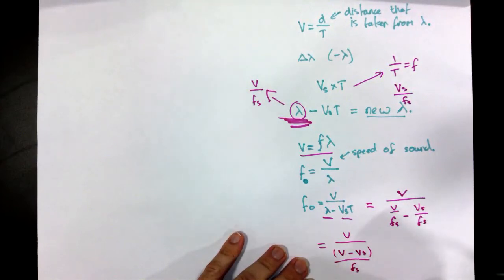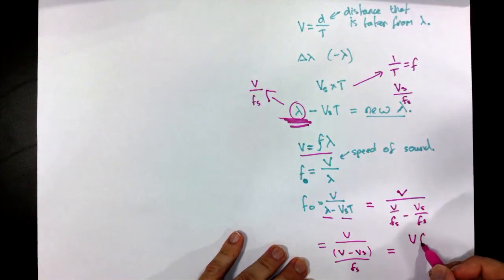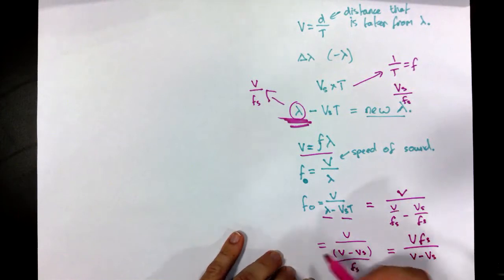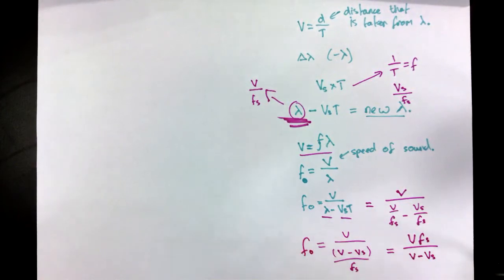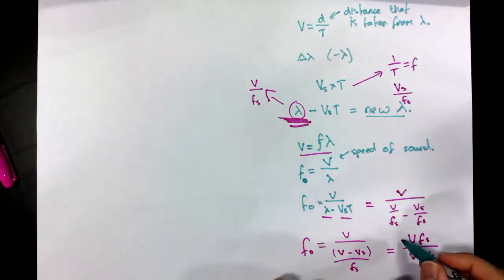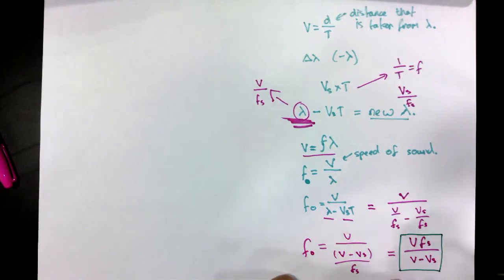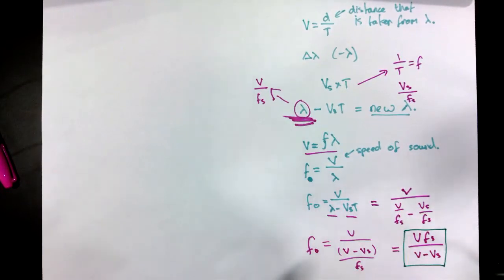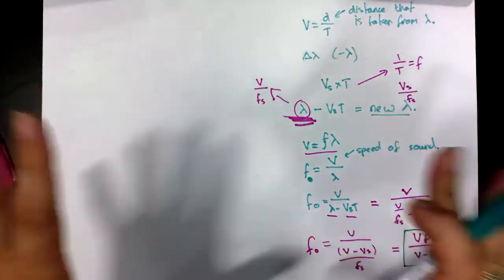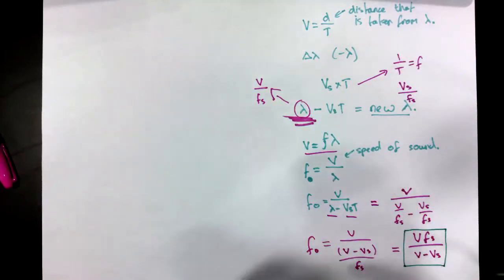Okay, which then you will hopefully see I can rearrange this more to satisfy the mathematicians to be V Fs over V minus Vs. And that equals the observed frequency of the sound that is emitted. So let's put a nice square around that to show that that is actually our Doppler shift equation.